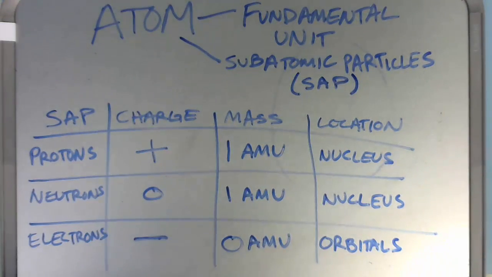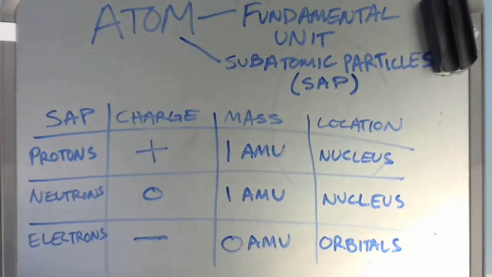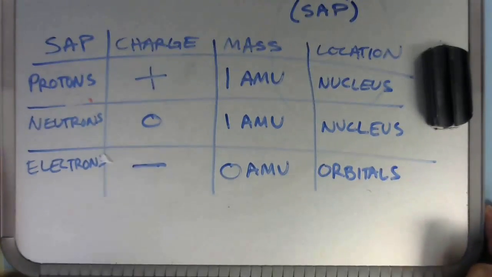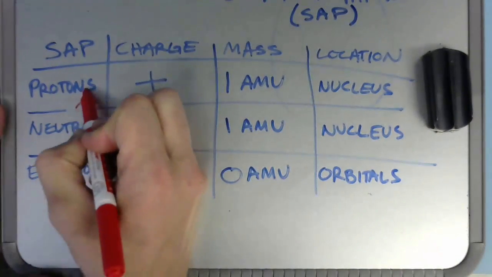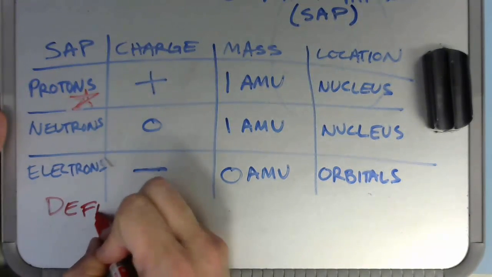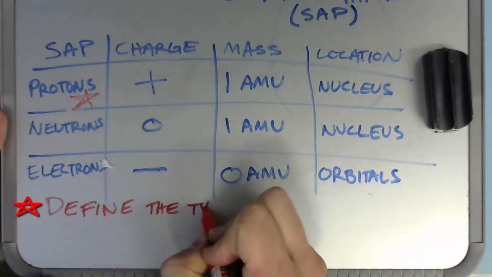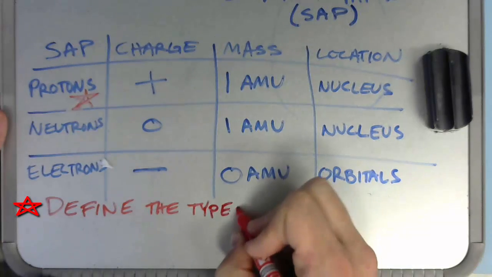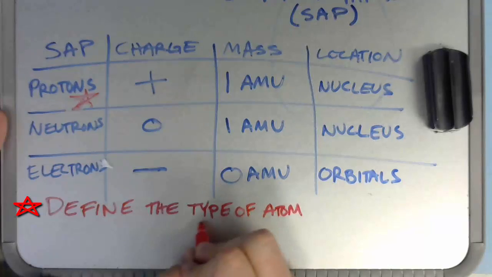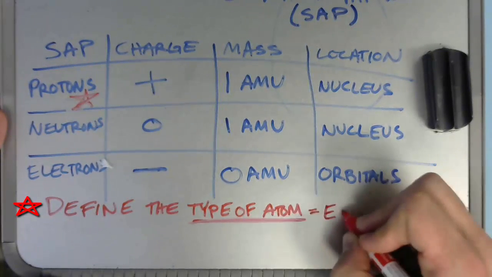Now the number of protons, neutrons, and electrons an atom has will give it different properties. Protons define the type of atom, and types of atoms are called elements.